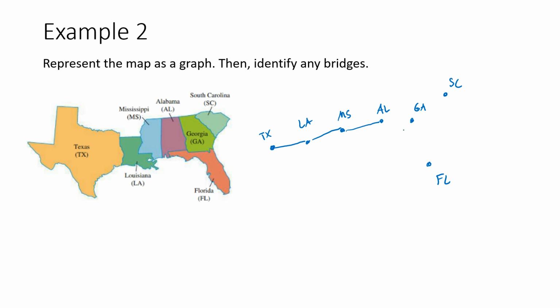Pretty easy to make this graph, huh? Now the question is, which edges are bridges? Let's start with the far left here. Texas to Louisiana. Is this a bridge?